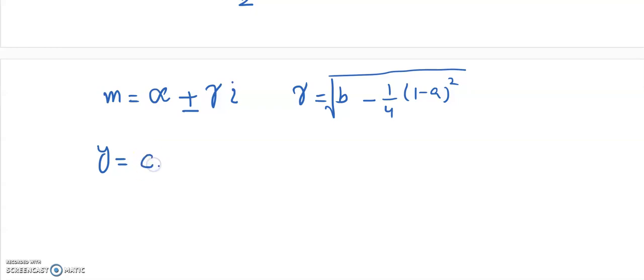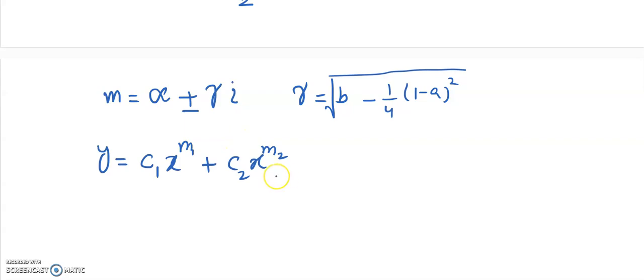The solution in the case of the Euler Cauchy equation is c1 x power m1 plus c2 x power m2, where m1 and m2 are alpha plus gamma i or alpha minus gamma i. This solution is fine, and it's mathematically a correct solution.